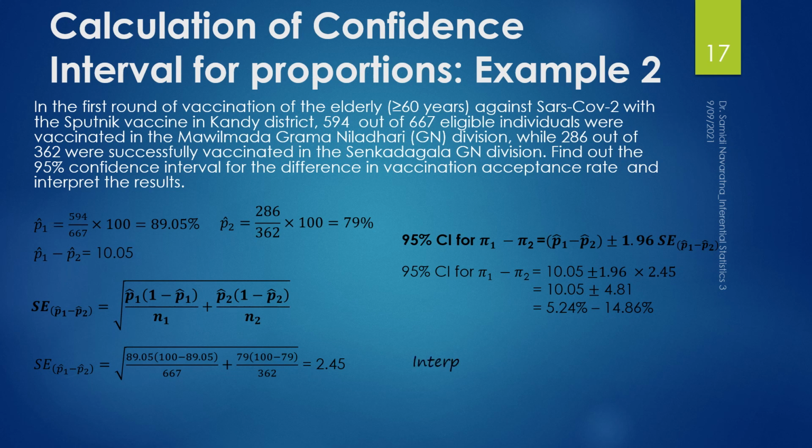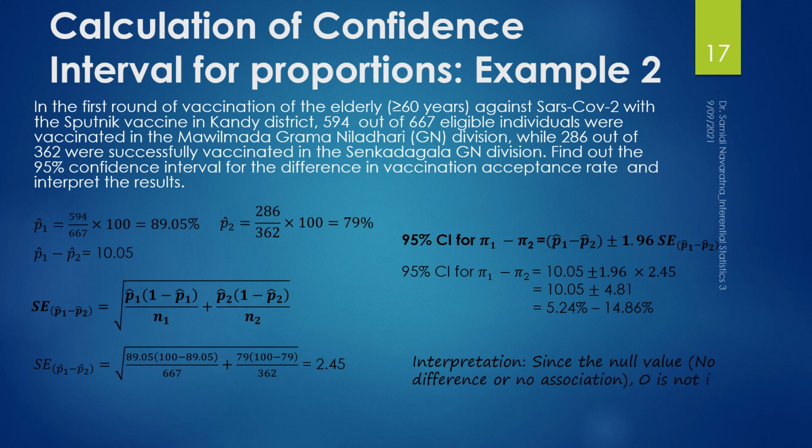And how do we interpret these results? One way is that you can say with 95% confidence that the difference between these true population proportions lies between 5.24 to 14.86.